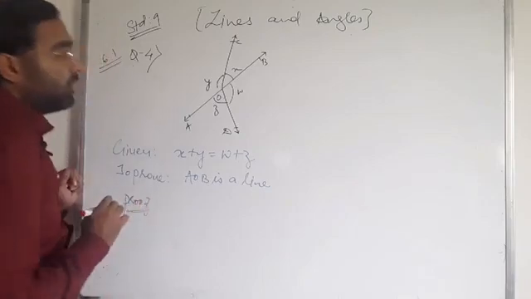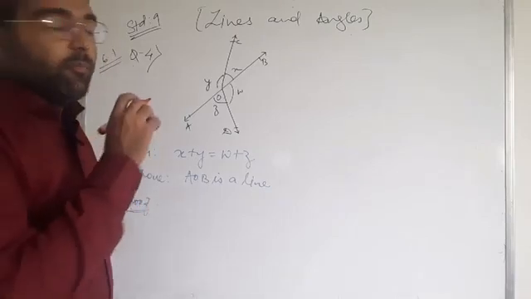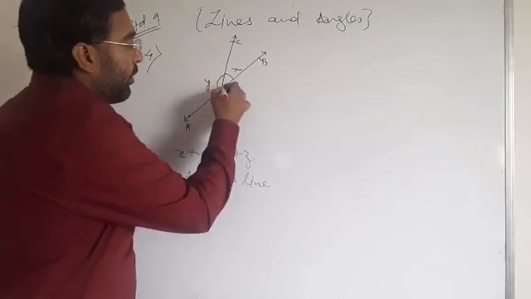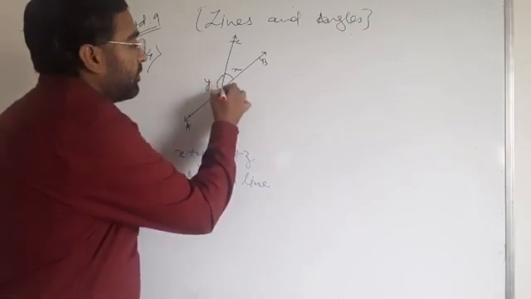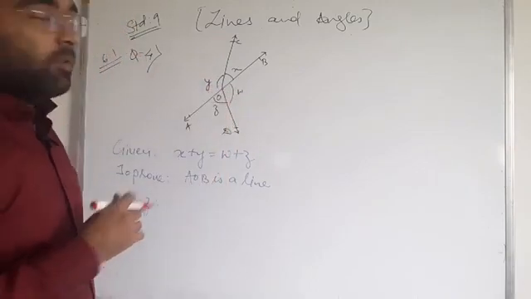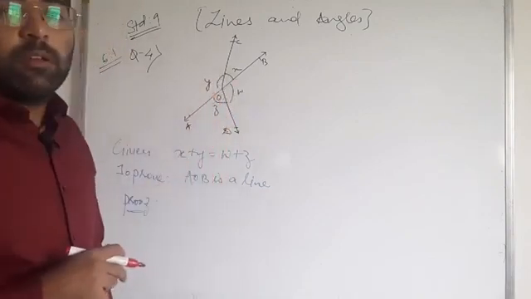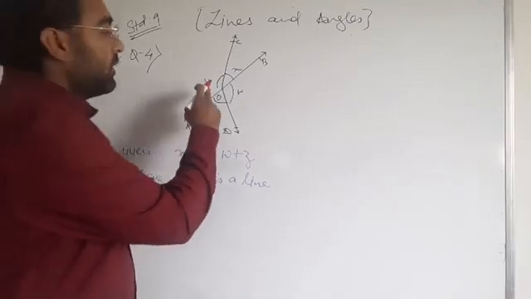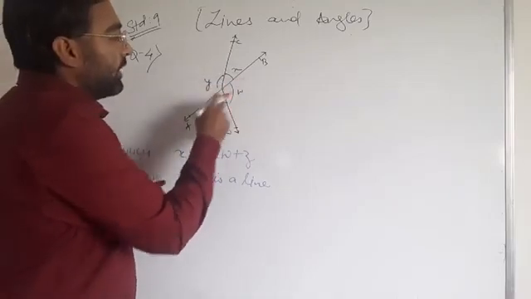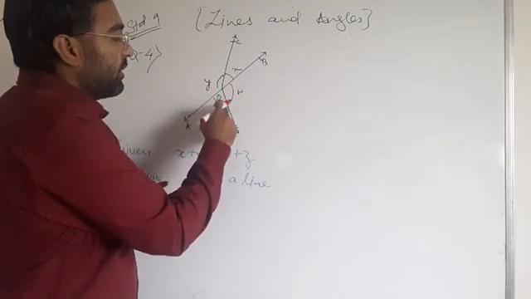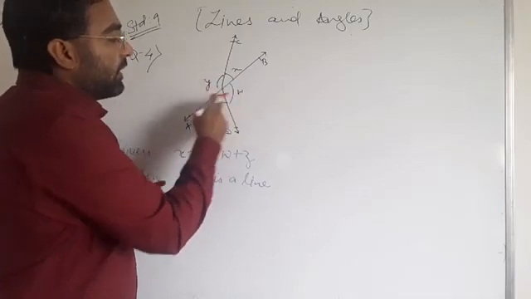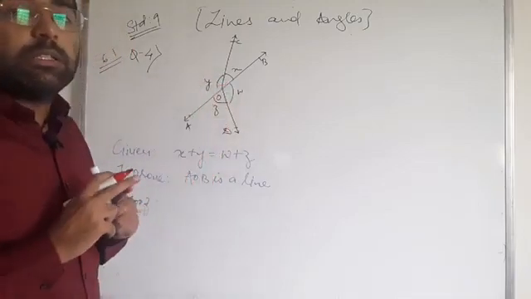In the proof we know that point O forms 360 degrees around it. Point O forms all of the angles, adding all of the angles x plus y plus w plus z. All of the angles form a total of 360 degrees.